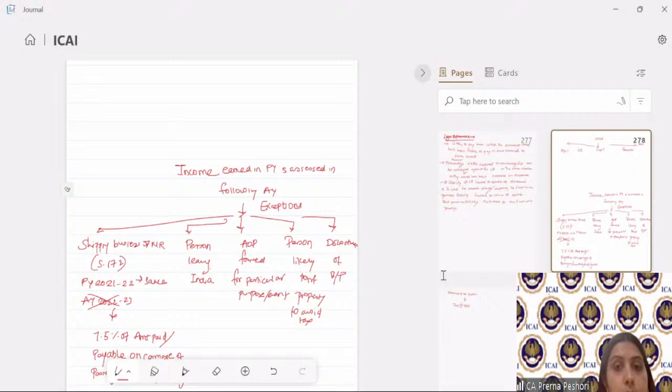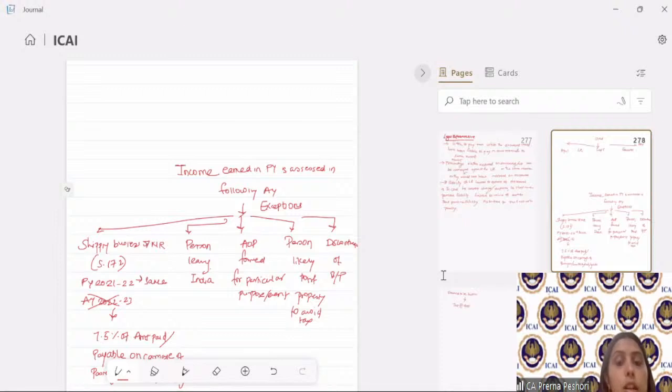Is that clear? So if any AOP is discontinued, then after that the assessment can be made on the members also. Clear? Last one thing before we close this chapter is the liquidation of the company.